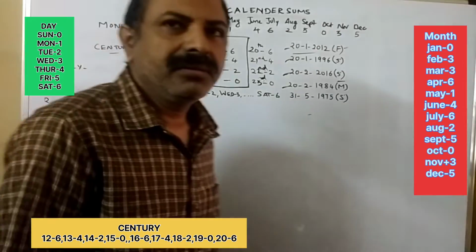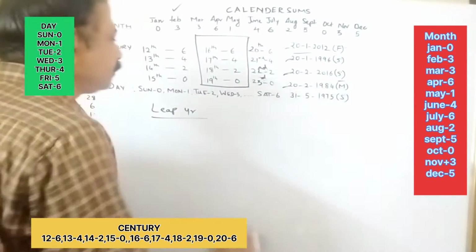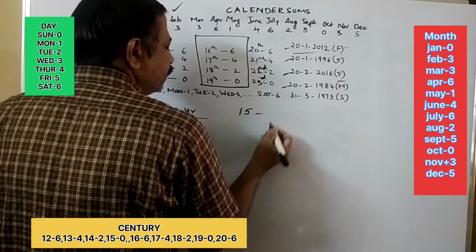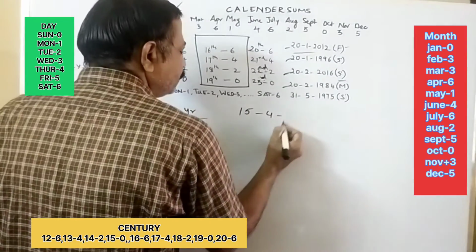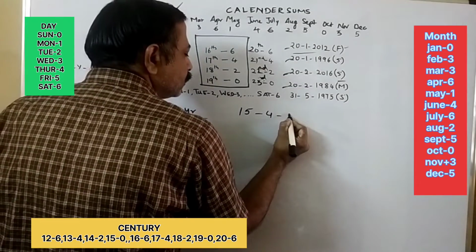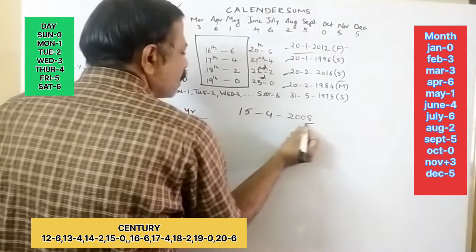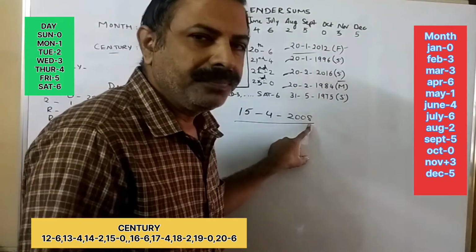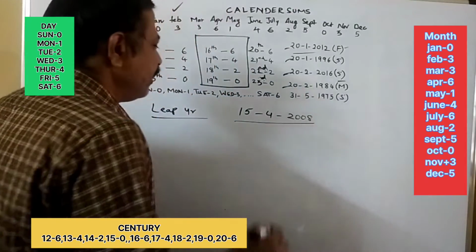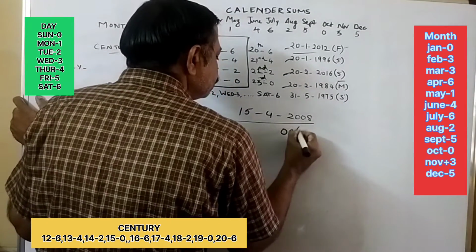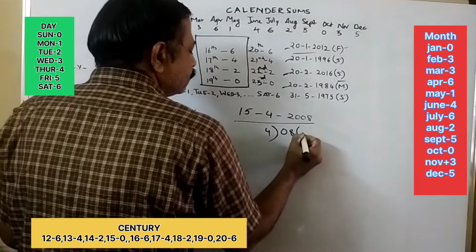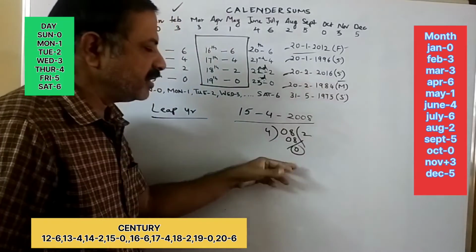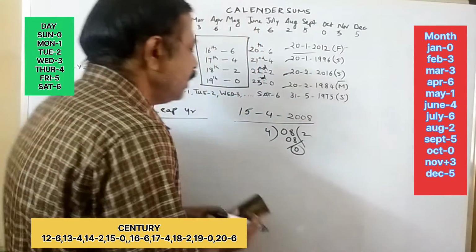Let us take some date like 15 April 2008. I know that 2008 is a leap year because its last 2 digits, if I divide by 4, 4 2s, remainder is 0. That is called a leap year.